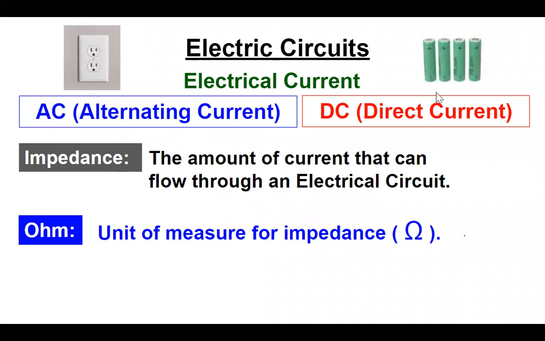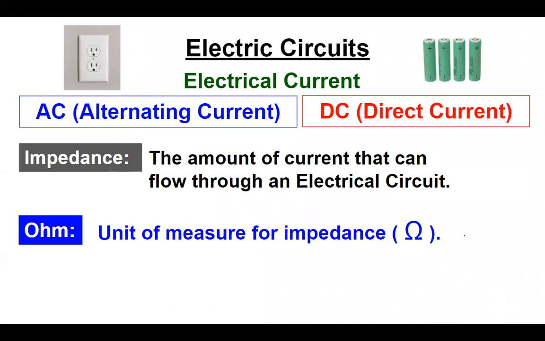So you guys all have those type of direct currents in your phone. You guys have them nicely and neatly charged. They have batteries inside of them and direct current included into them. Now, the type of current or the amount of current that is going to go through your circuit is going to be called an impedance. Okay. And it's going to be measured in ohms.